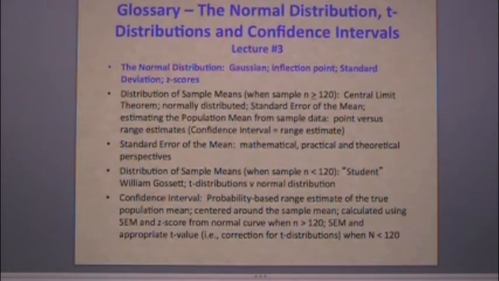And if the sample size is 25, it's even a little bit shorter, a little bit fatter, a little bit flatter. If the sample size is 10, this is a really fatter and flatter distribution. Those are called t-distributions. And they're made famous by Gossett, who wrote under the pseudonym of Student.